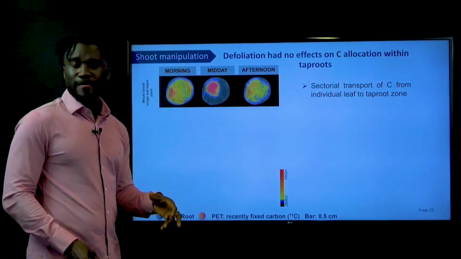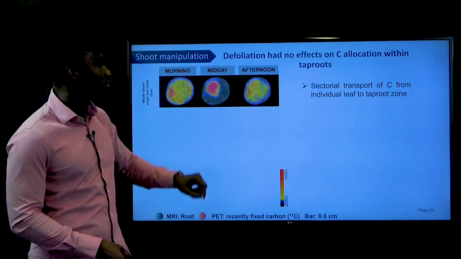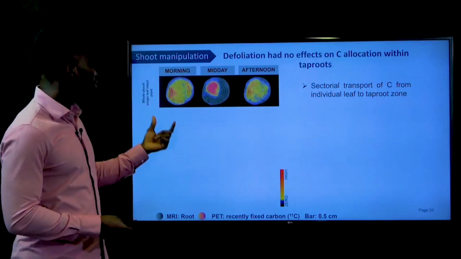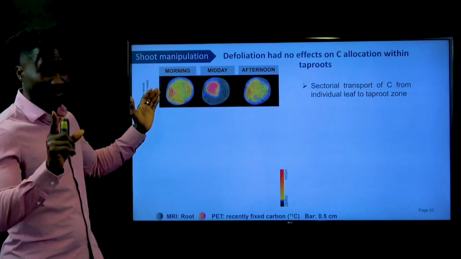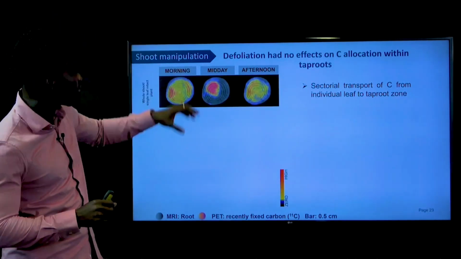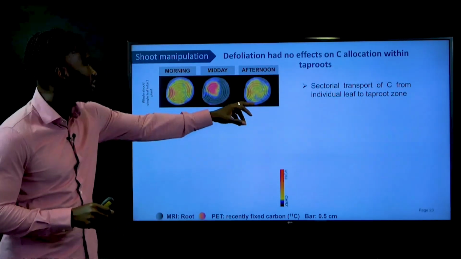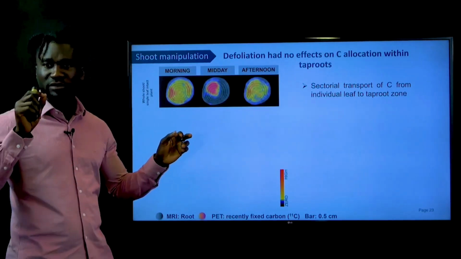So, as I indicated, we did a whole shoot labeling, single leaf labeling, and again a whole shoot labeling before inducing our manipulation. And here we could observe that from the whole shoot labeling of an intact plant, we observed homogeneity in resource distribution, both in the morning and by repeating the measurements in the afternoon. But when we labeled one single leaf, there was a striking effect.